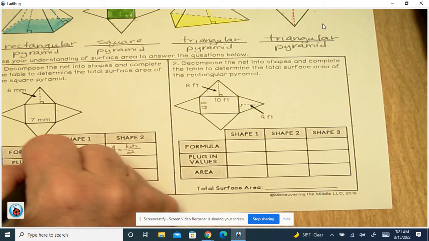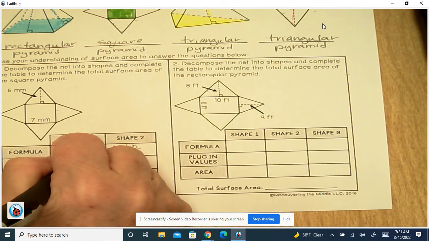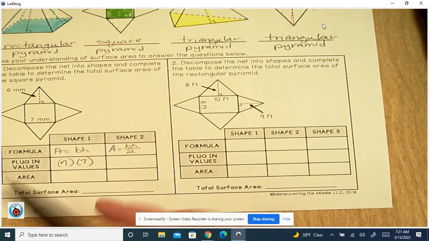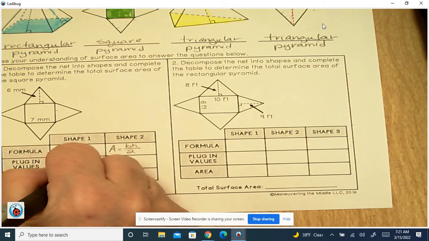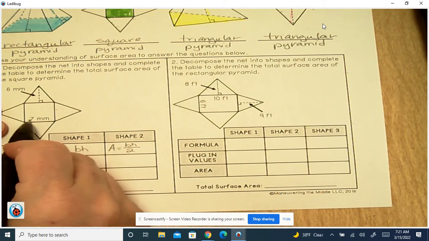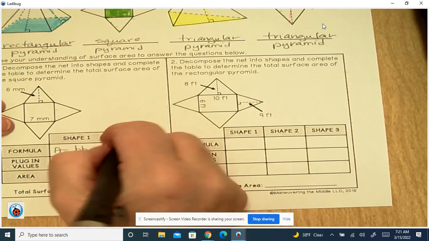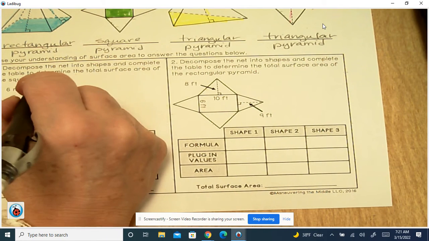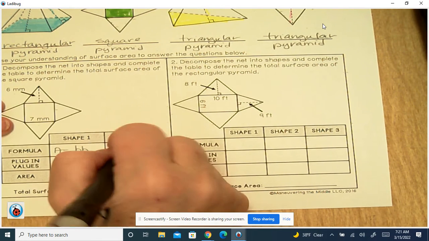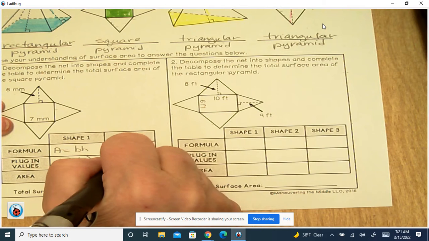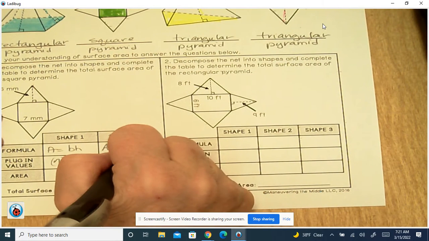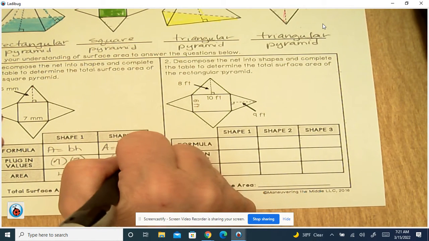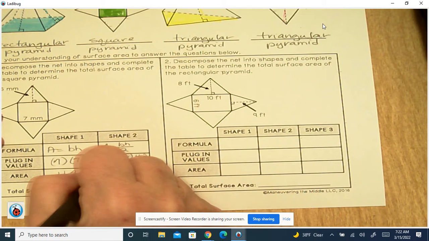With a square, it's going to be 7 times 7, which gives us 49. And then the base of the triangle is 7, the height of the triangle is 6, and we're going to divide that by 2. So 7 times 6 is 42, and then that divided by 2 is 21.